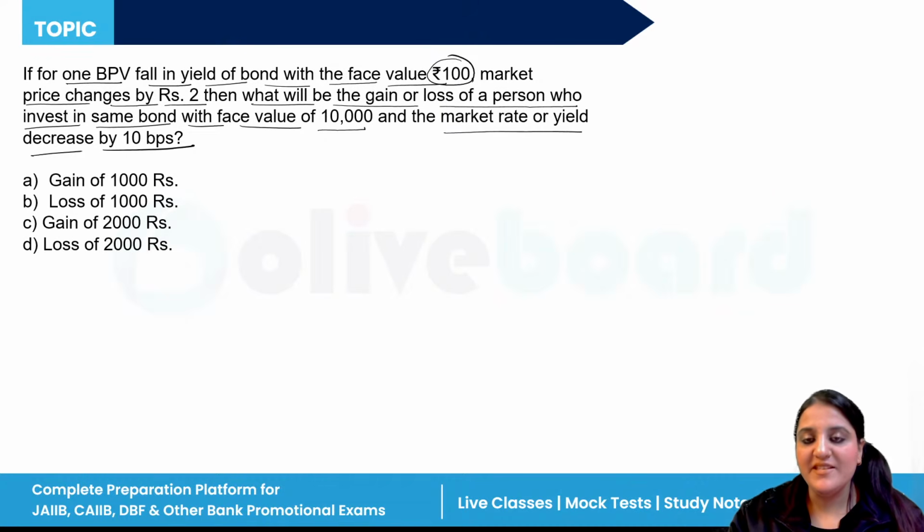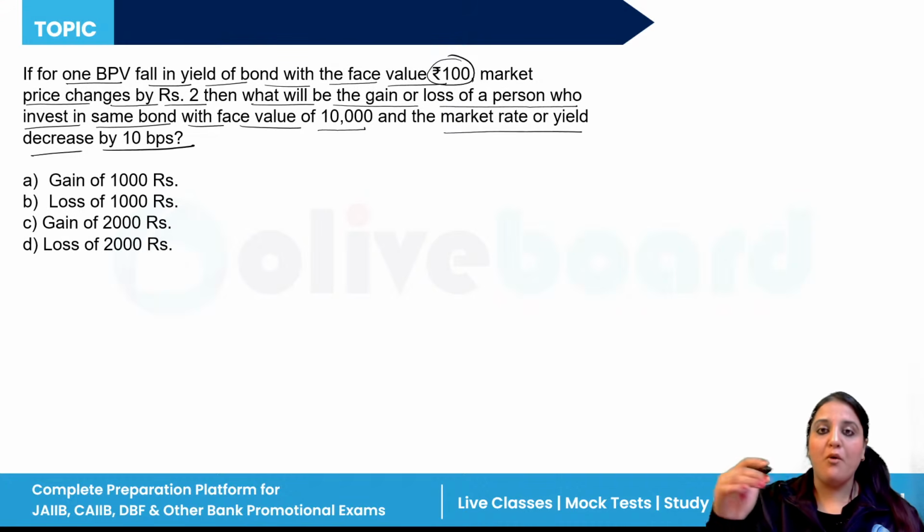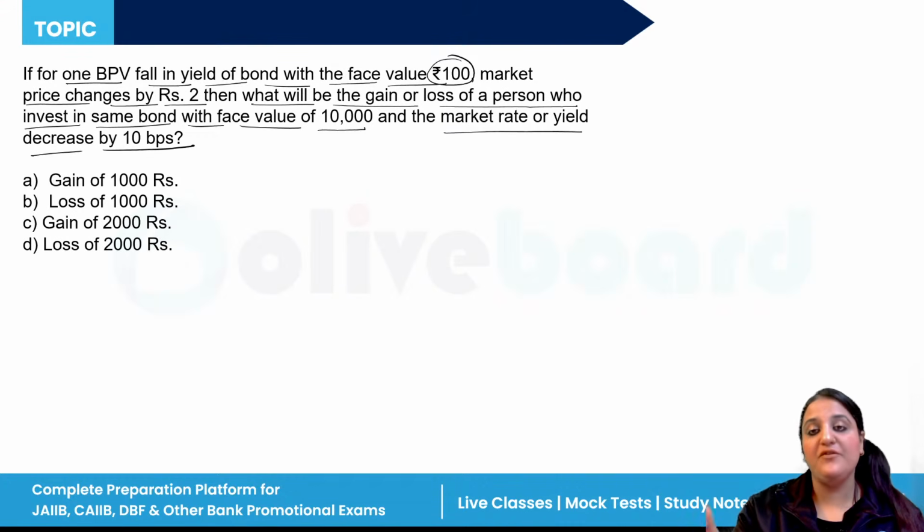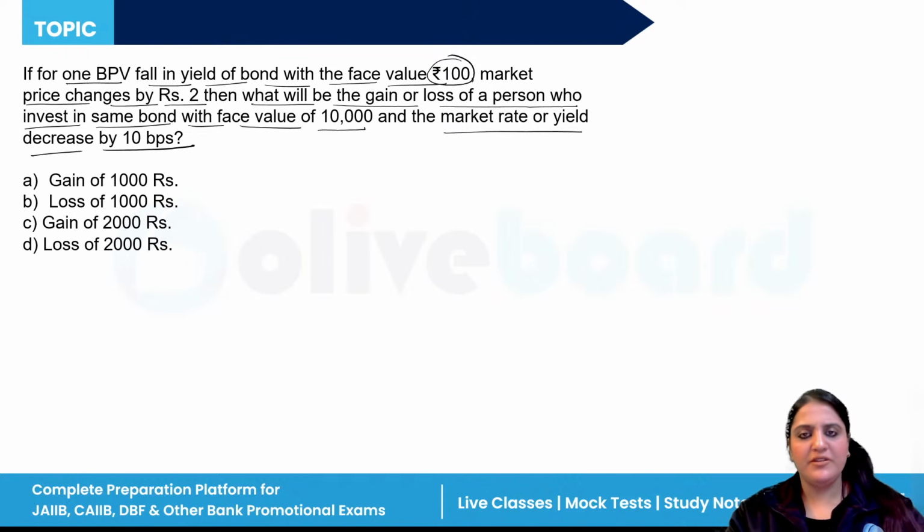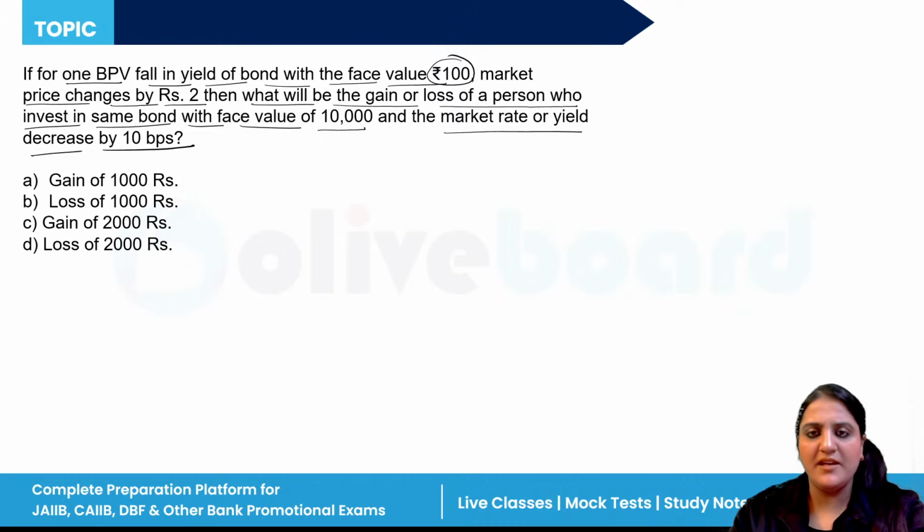See, in this question, we have been given the basis point value. For a bond with face value 100, 1 basis point fall in yield, so price obviously increases by 2. If the investor is buying the same bond but with face value of 10,000, the market yield here decreases by 10 basis points. So this is the given thing in the question.